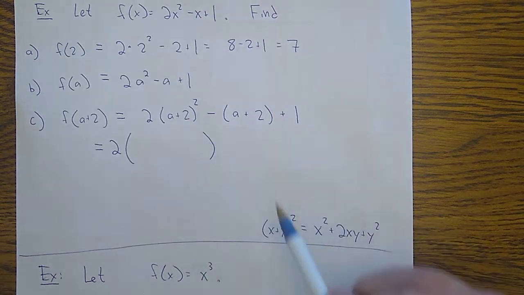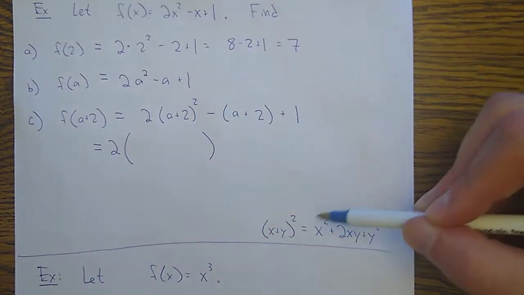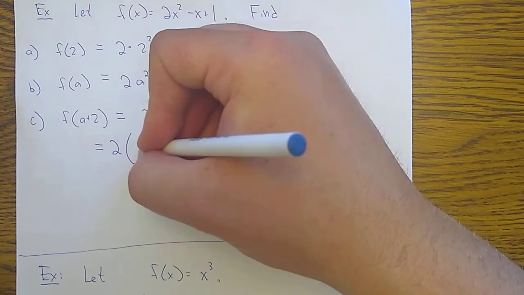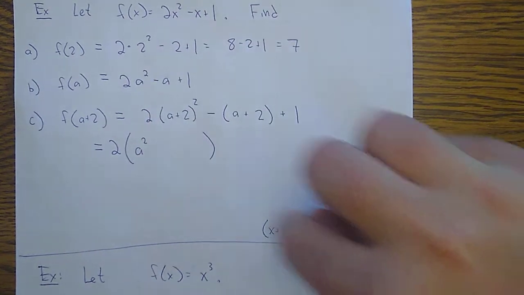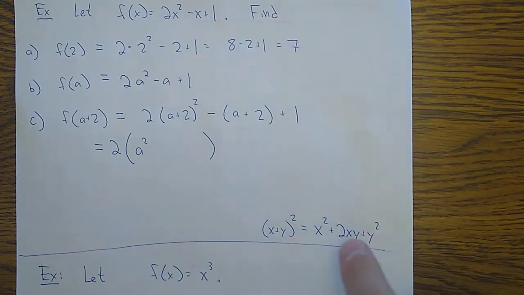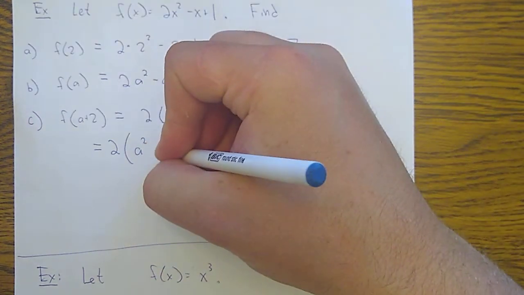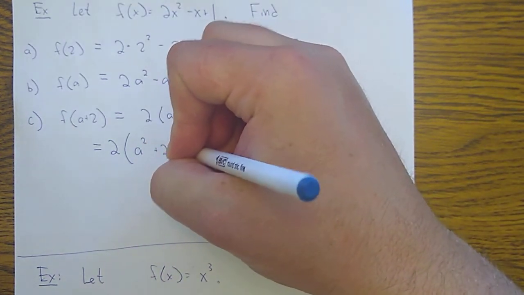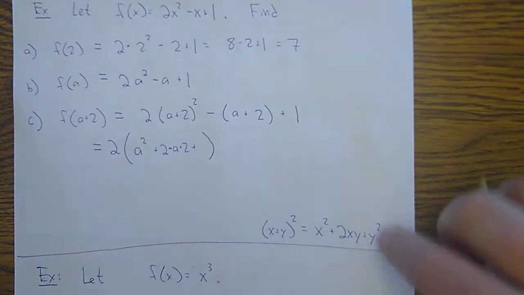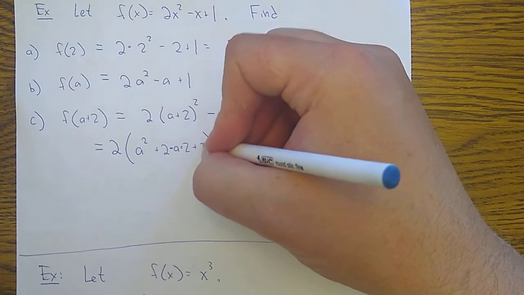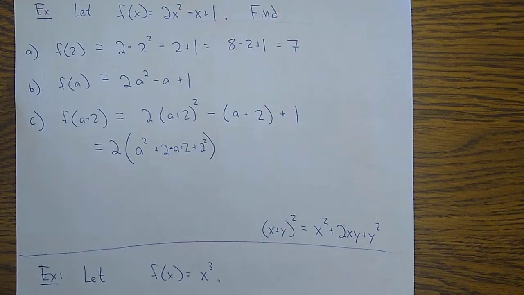So it's like a is my x and 2 is my y. So x squared is a squared, and then I've got 2 times x times y, so that would be 2 times a times 2 plus y squared, 2 squared.